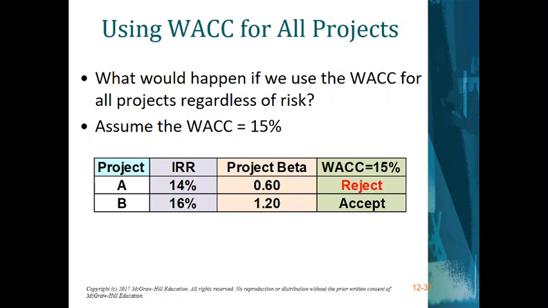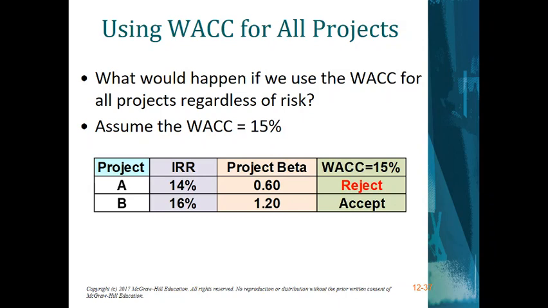As I indicated, companies and projects with betas of less than 1 are less risky than projects and companies that have a beta greater than 1, and up to 2.0.